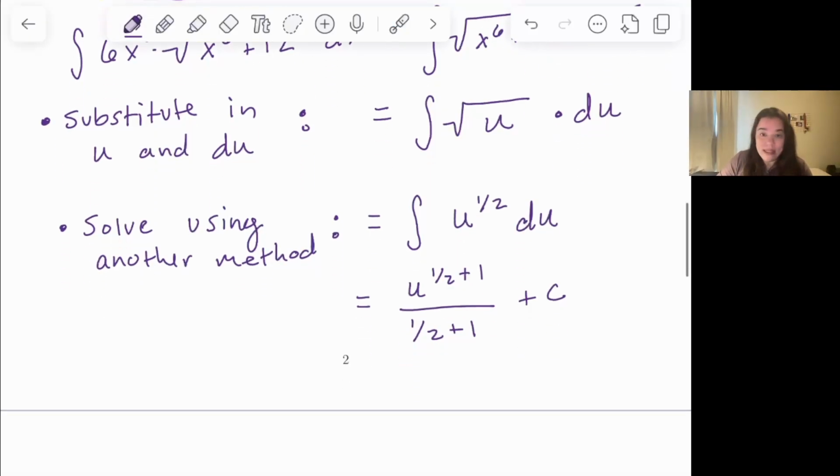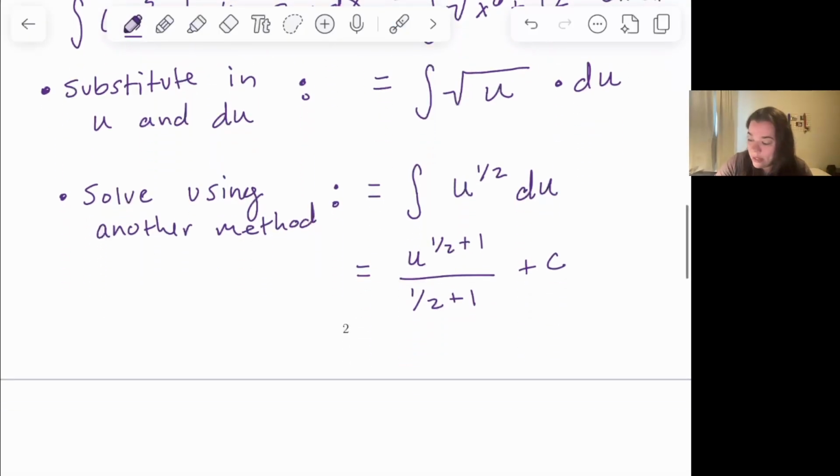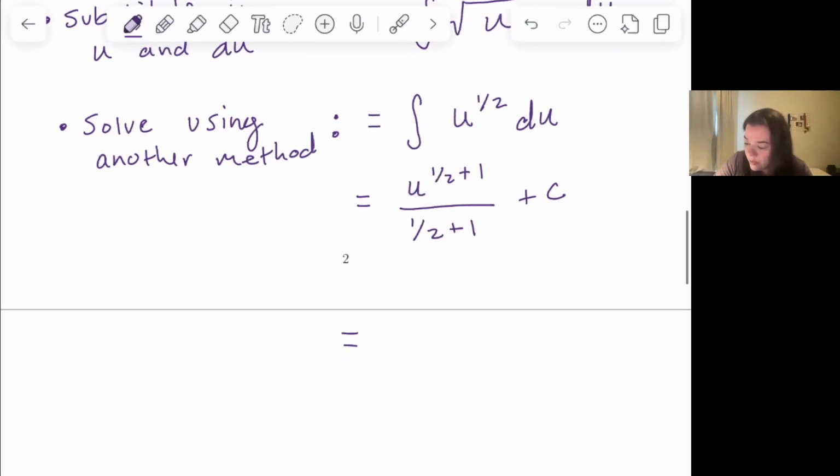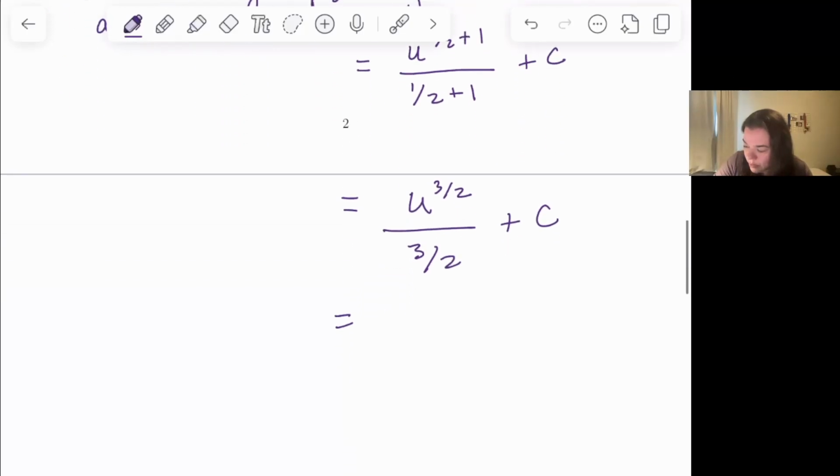I am not quite done yet, but I'm going to clean this term up because I'm done with the integration part. I added a new page just to give us more room. This becomes u to the 3/2 over 3/2 plus c, or I could rewrite that as 2/3 u to the 3/2 plus c.